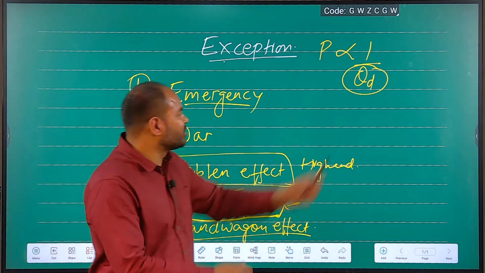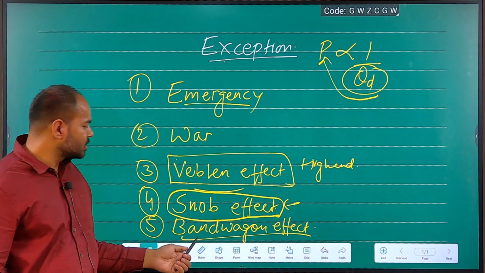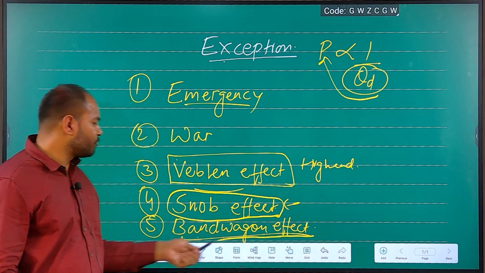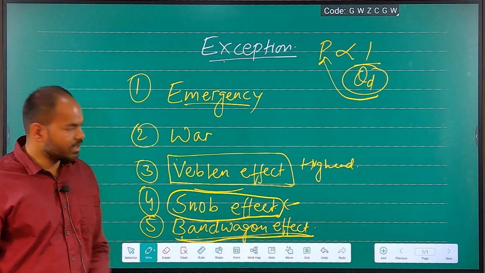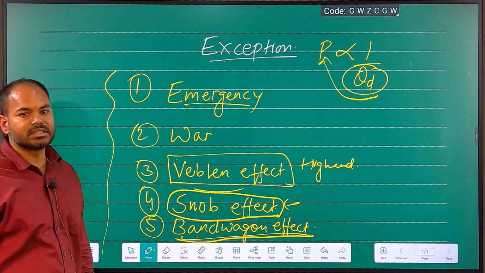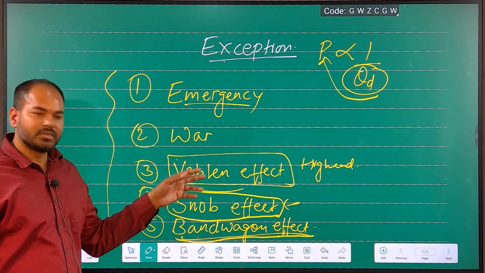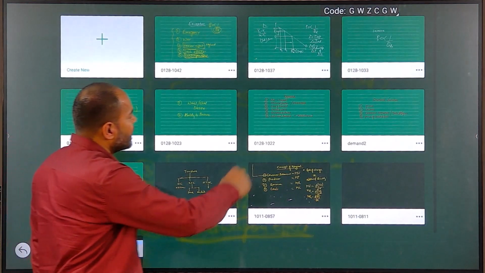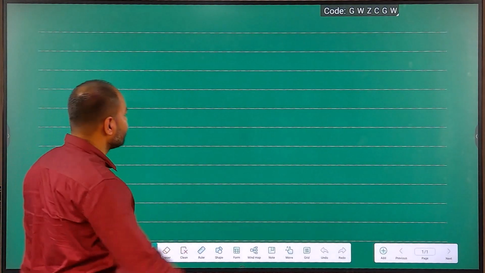So the demand is not generated because of a change in price. Demand is generated because we want to follow others. Because of that following kind of activity, if you are demanding anything, that is known as the bandwagon effect. So if anything falls under this category, then definitely these are the exceptions which do not follow the law of demand.